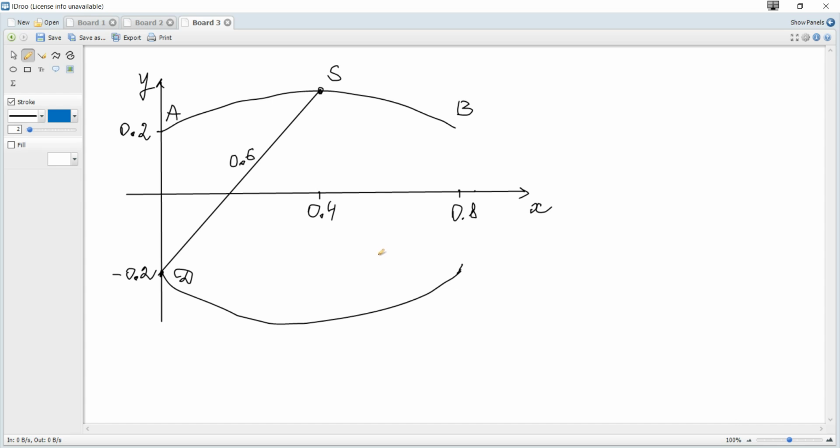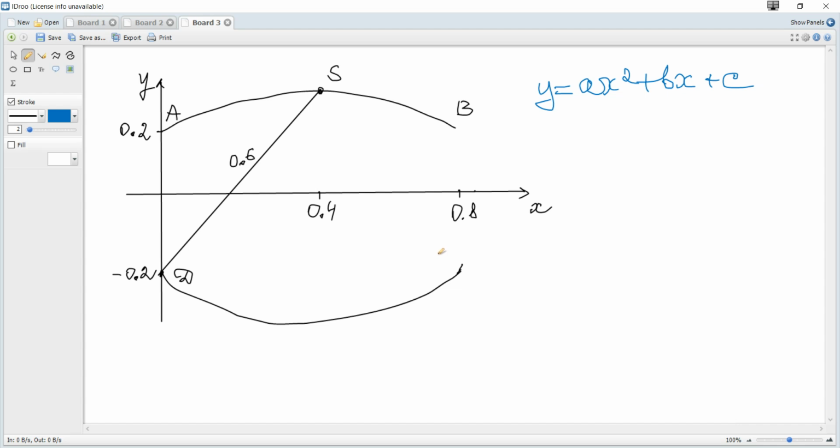Kepler then considered a non-cylindrical barrel whose base and lid are circles with radius 0.2 meters and whose length is 0.8 meters. He modeled the curved surface of this barrel by rotating a quadratic curve ASB with equation y is ax squared plus bx plus c for x from 0 to 0.8 about the x-axis.